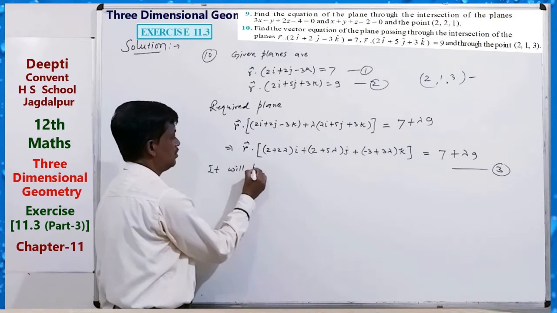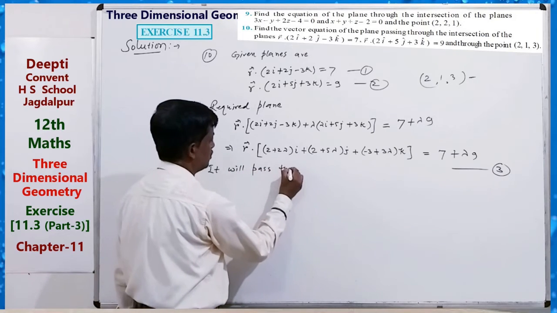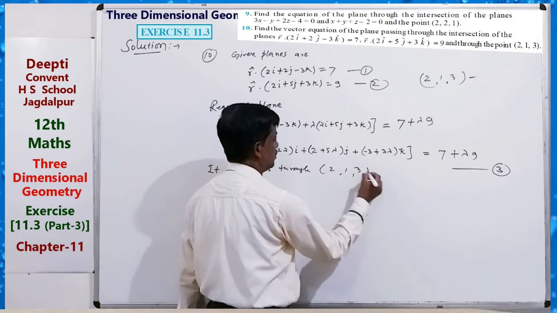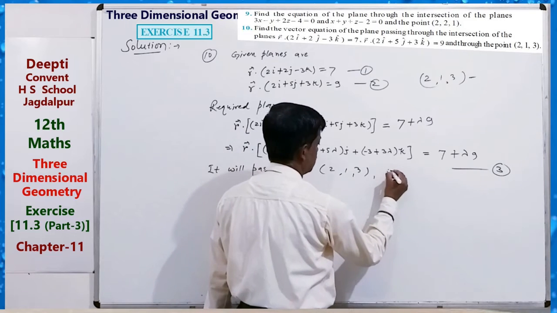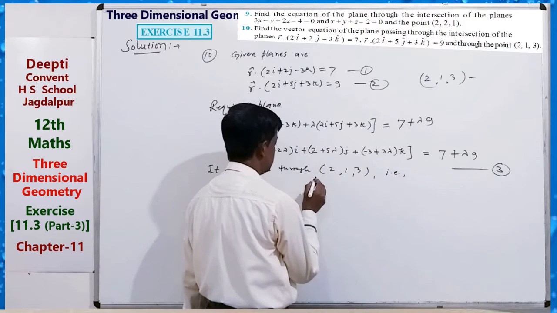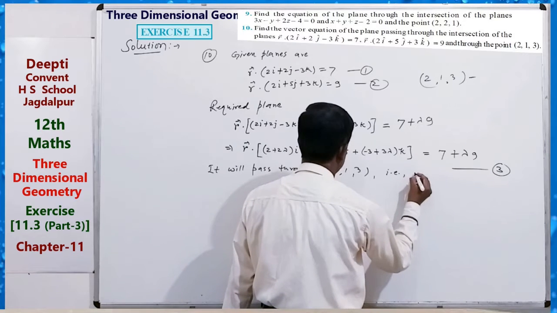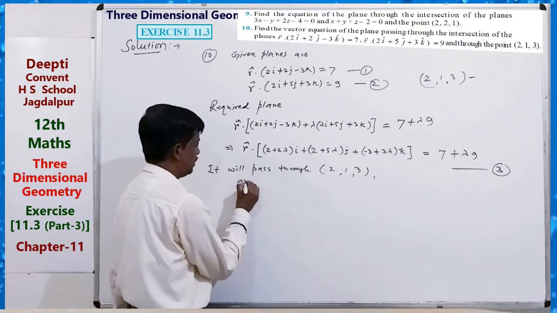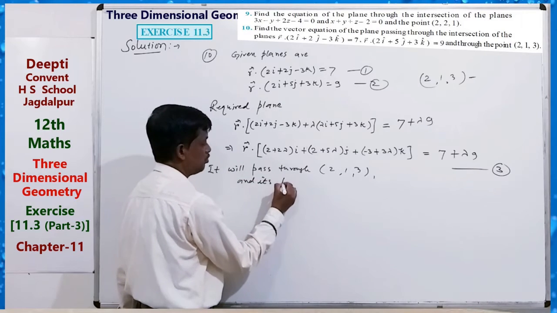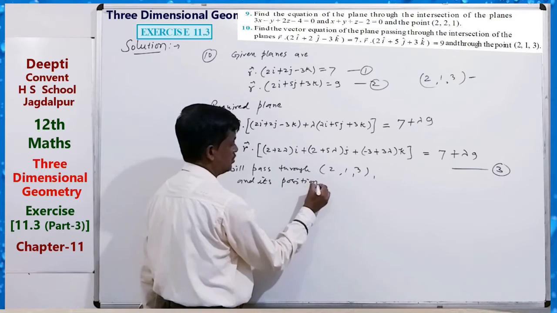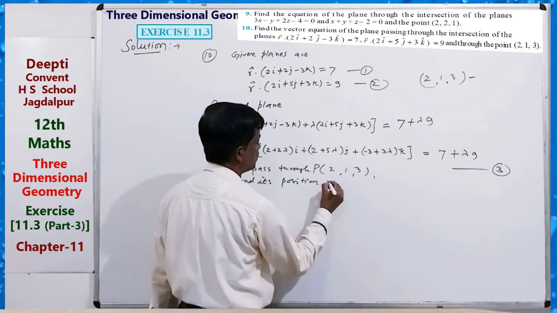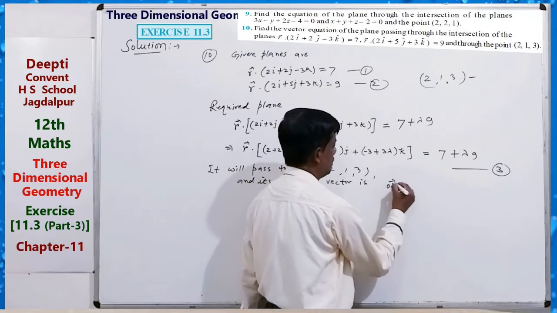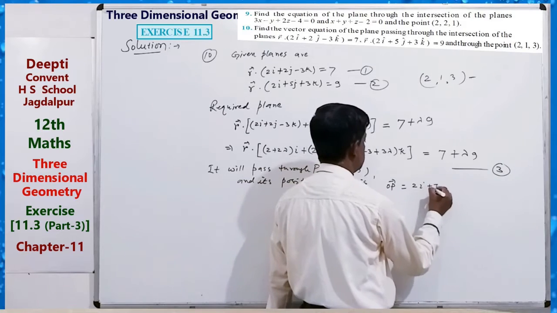It will pass through (2, 1, 3), and for point P its position vector OP is 2i + j + 3k.